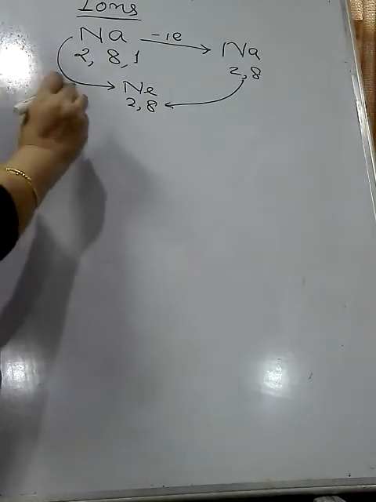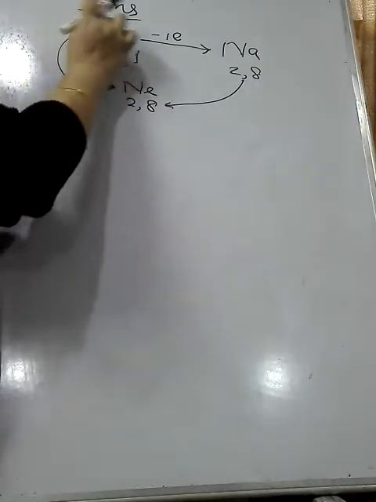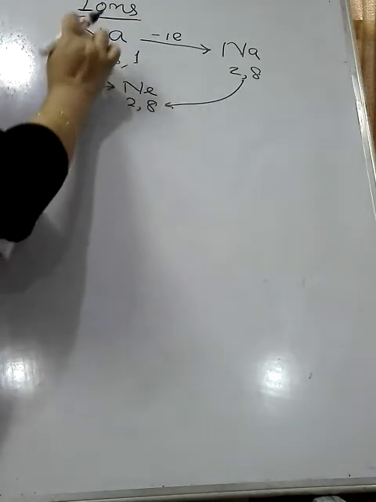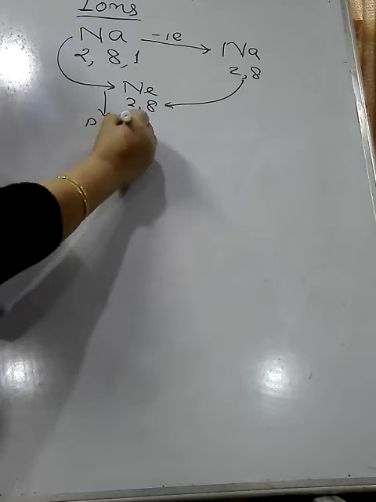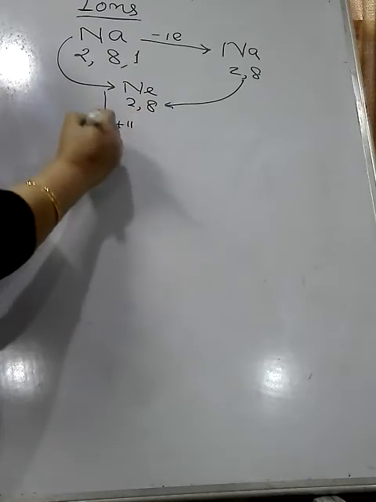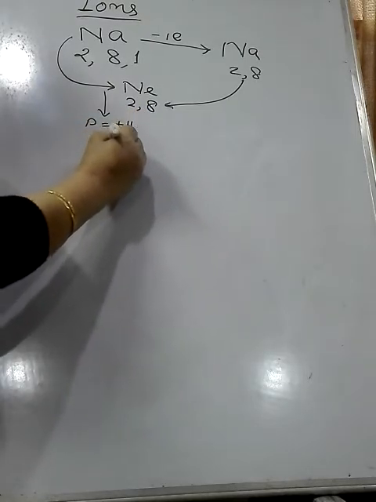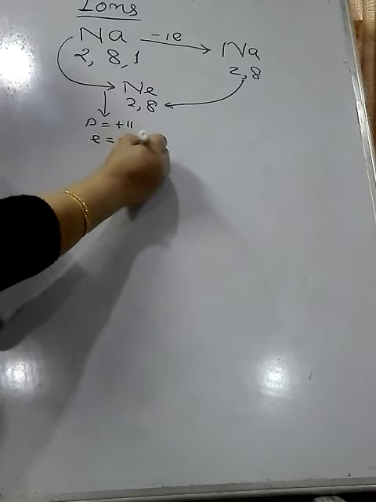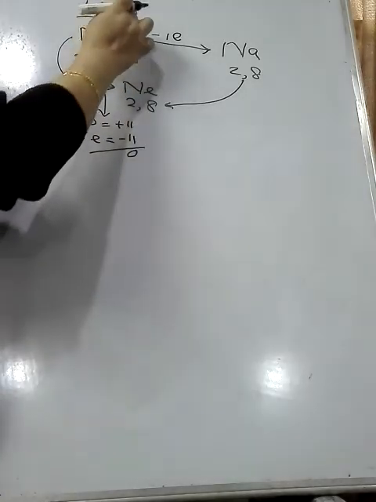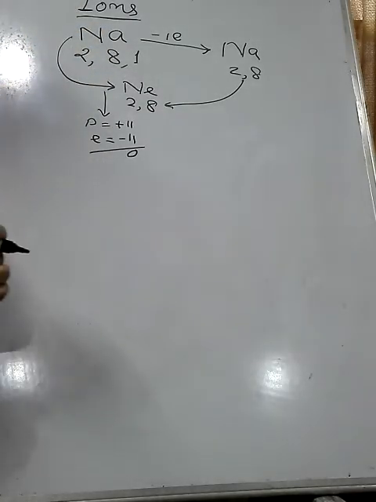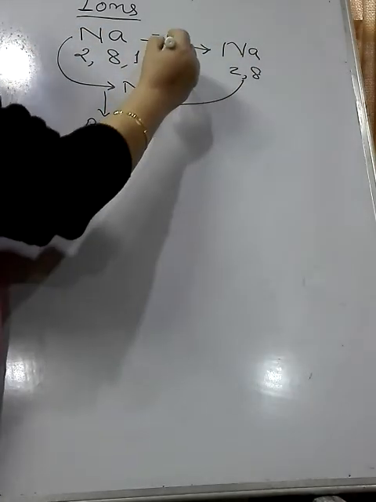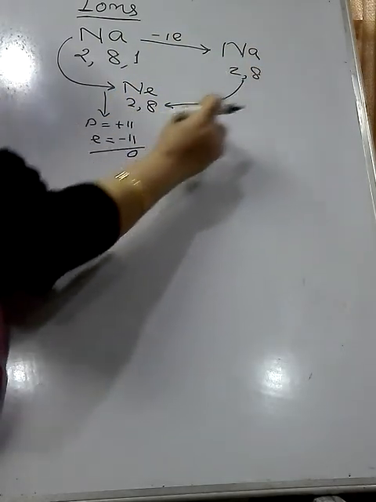Now you see, this is a neutral sodium atom. In this sodium, the number of protons is +11 and the number of electrons is also -11, so the net charge is 0. This is not a charged species, it is neutral. But after donating the electron from the outermost shell, it gets the stable configuration of neon.